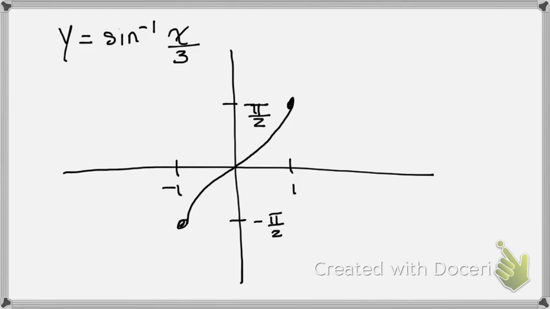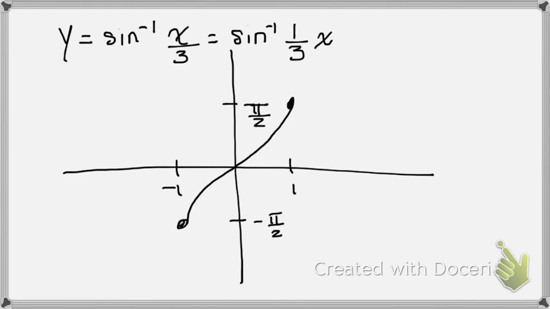So what does this 3 do? That is a horizontal transformation, right? And it is going to horizontally stretch this. This is pretty trivial and obvious, but I just want to pull out the 1/3.